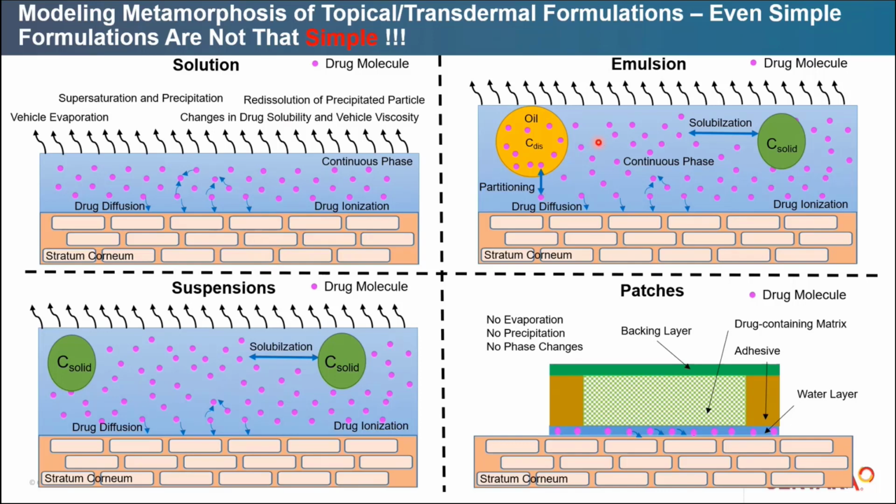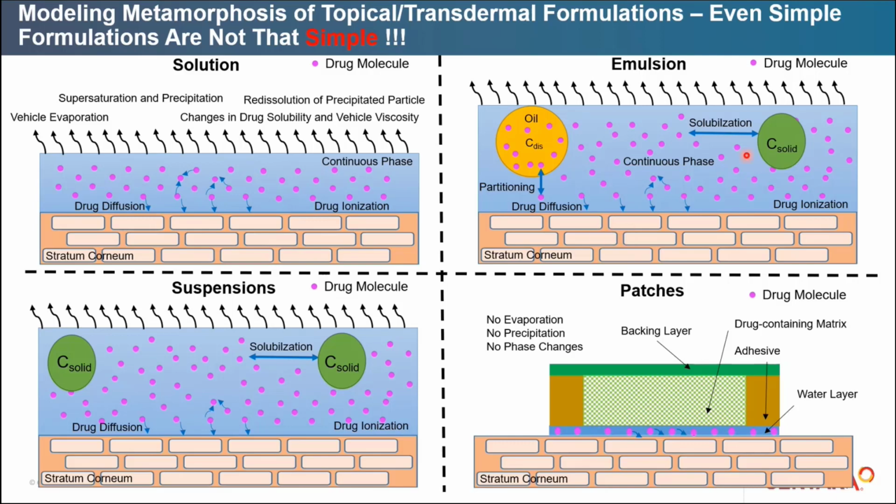For emulsions or creams, we need to understand how the drug distributes between the oil and the continuous phase. It's still the continuous phase where we model how the drug is getting absorbed, unless this has changed in the recent version. But that was the assumption at the time when I was working with Simcyp, that it's really the drug coming from the continuous phase which goes into the skin.